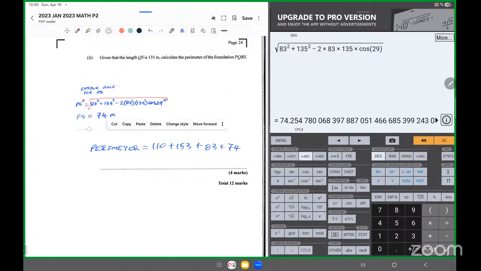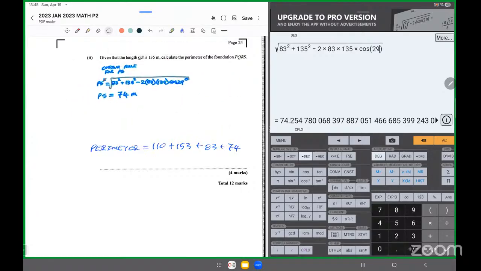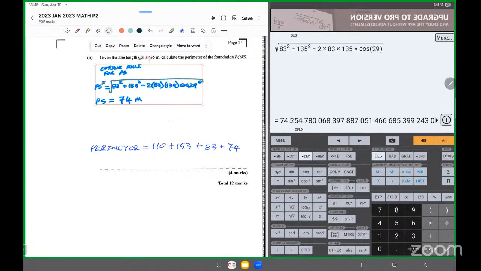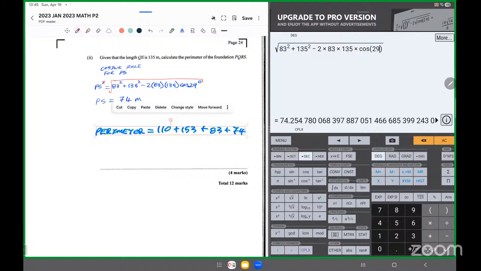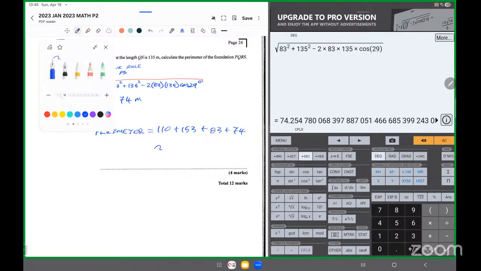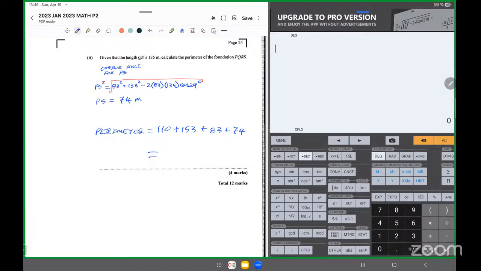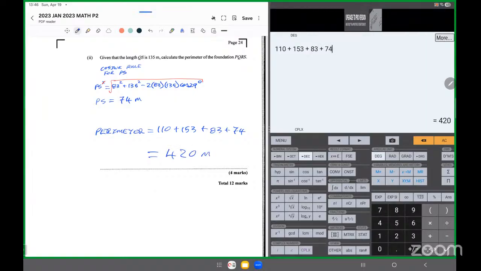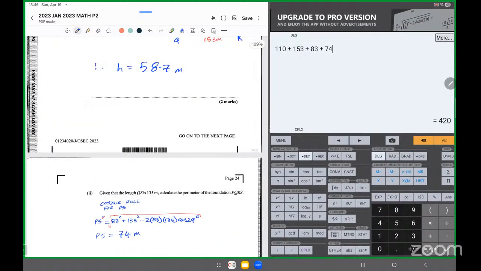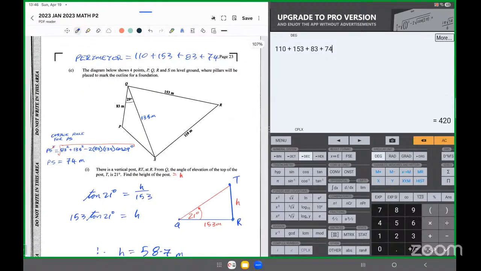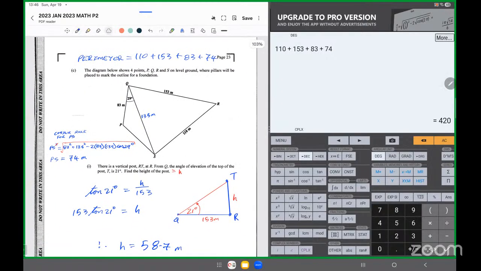Equals, add them up: 110 plus 153 plus 83 plus 74. That's 420 meters in the perimeter. 420 meters. The PS was 74.